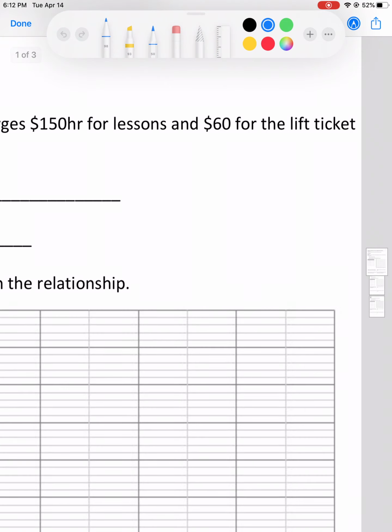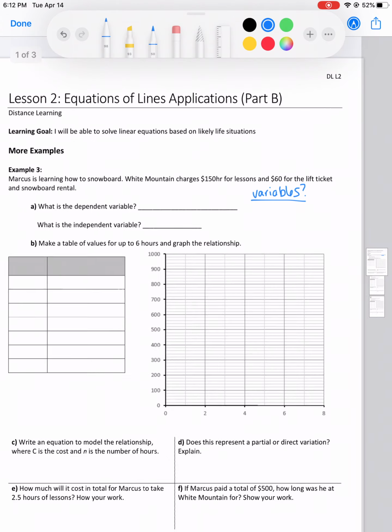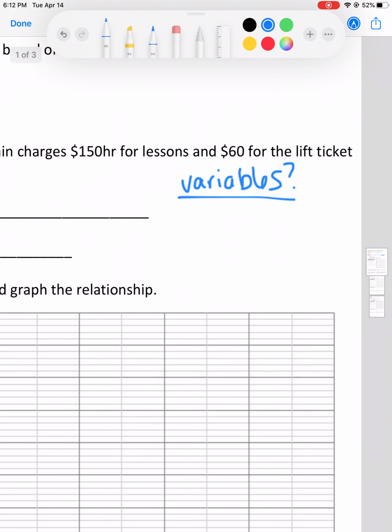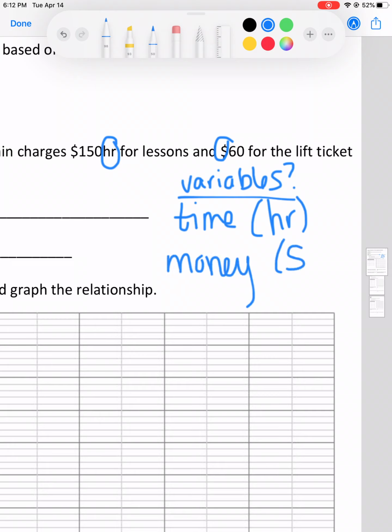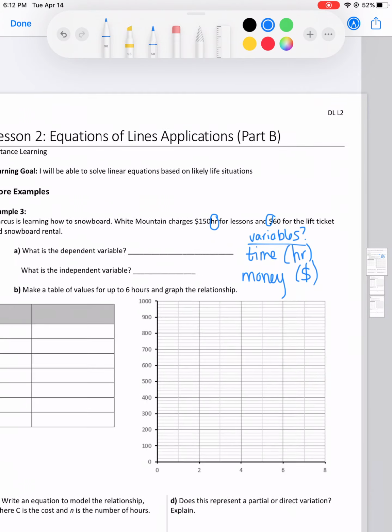Actually, I'll do blue. Okay, so what do we have? We have hour, so time in hours, and money. Okay, so which one depends on the other?